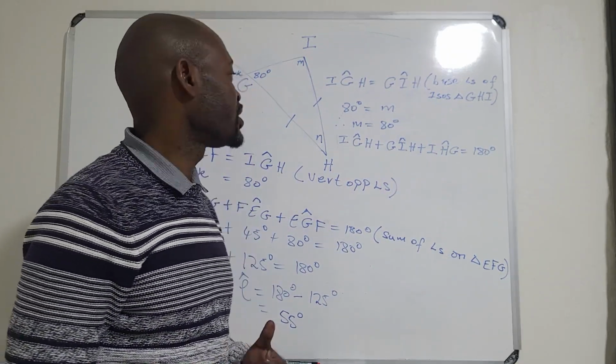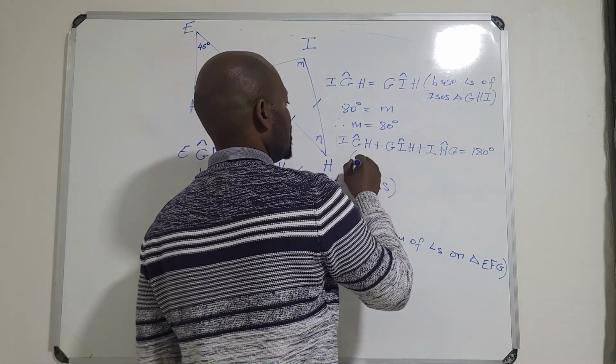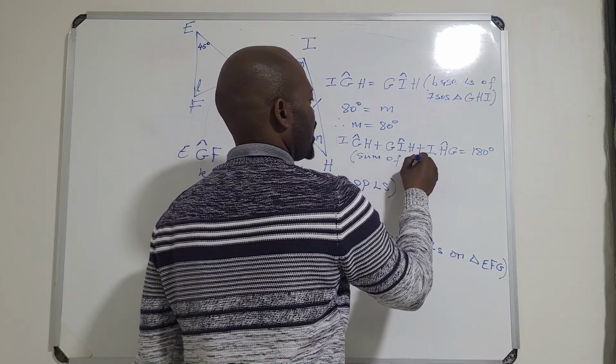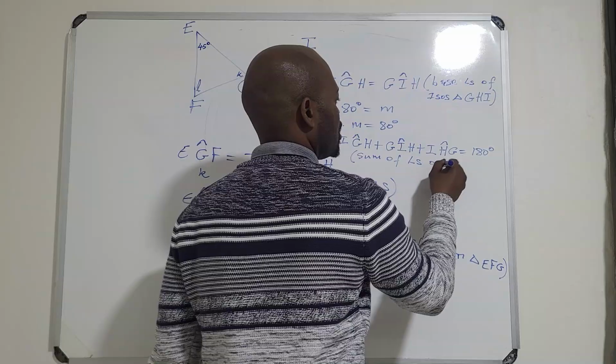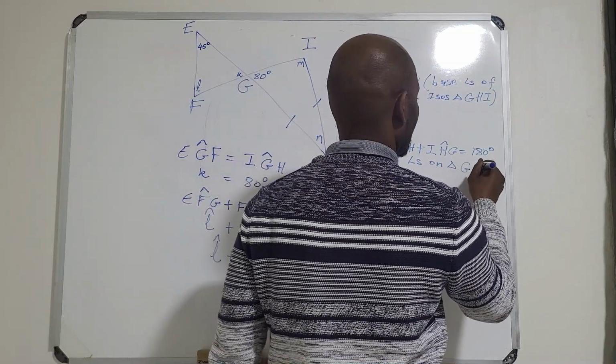Why is it 180 degrees? This plus this plus this. Reason: sum of angles on triangle GHI.